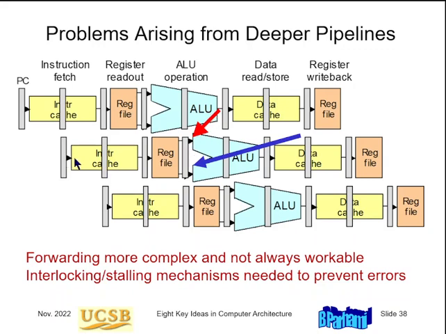Therefore, you have to delay the execution of this instruction by one cycle so that we can forward from here to here. So imagine everything in this row moved one cycle to the right. And that's sometimes called inserting a bubble in the pipeline. Delay instructions so that data dependencies are honored.